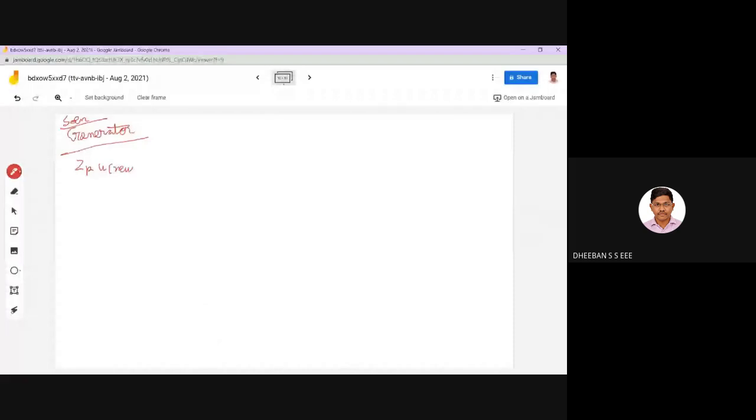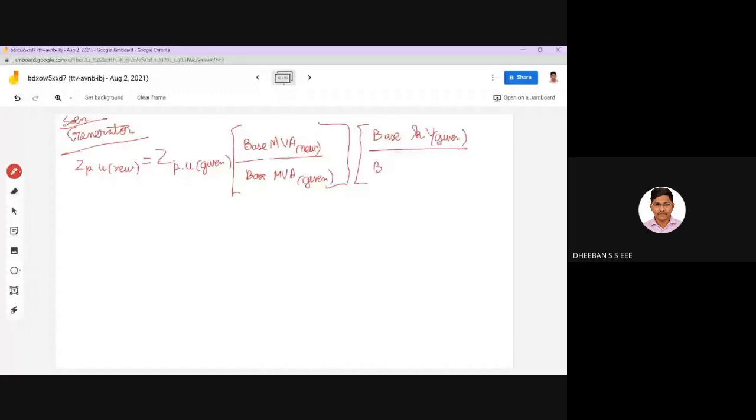Z per unit new equals Z per unit given into base MVA new by base MVA given, into base kV given by base kV new, the whole square. This formula you already know, and we'll just directly substitute.